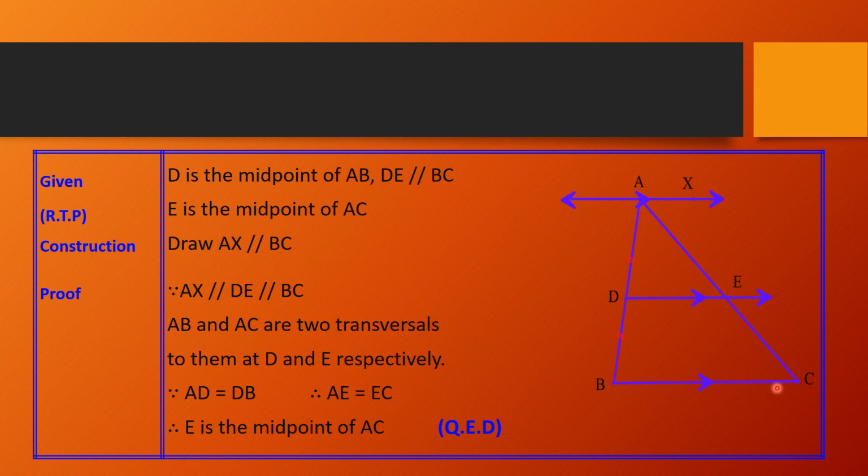The proof. Since AX parallel to DE parallel to BC and AB and AC are two transversals to them at D and E respectively, since AD equal DB because D is a midpoint, then AE equal EC, then E is a midpoint of AC.